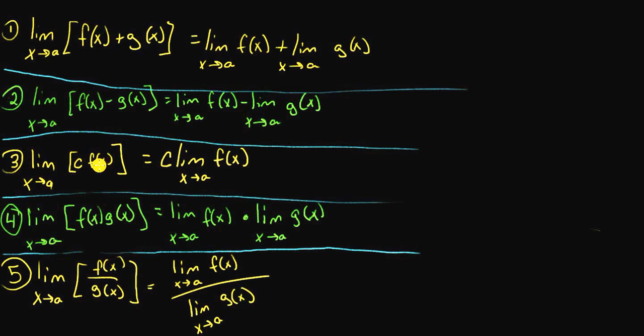Of course c could be a ratio. It could be 1 over something, it could be 2 over something, it could be a fraction, so this could also be the attenuation of a function. The multiplication of two functions and the division of two functions. So here are our 5 limit rules.